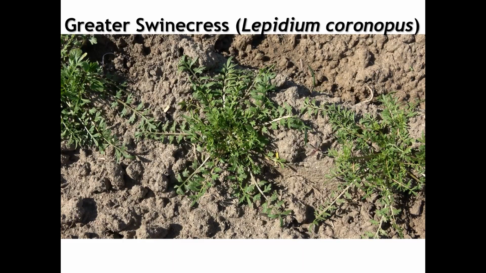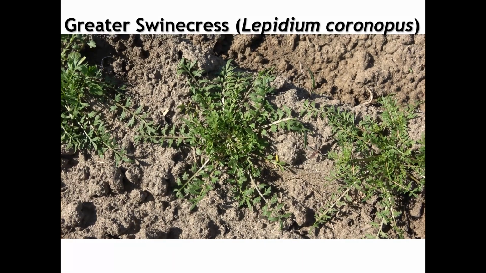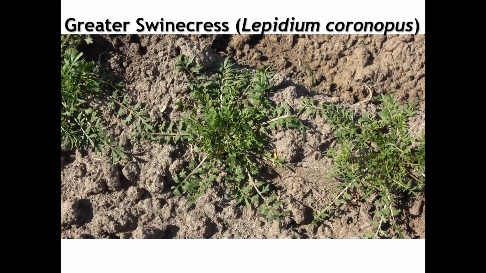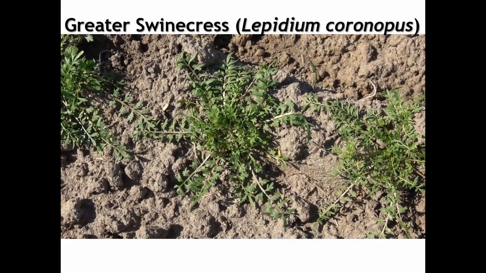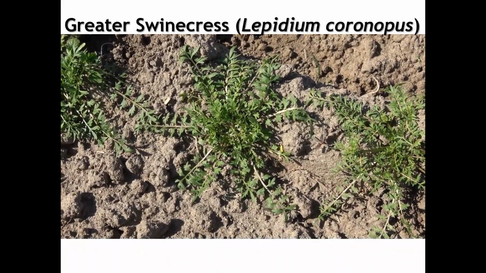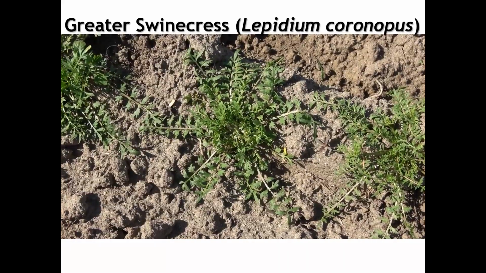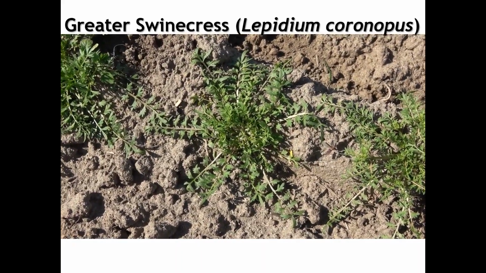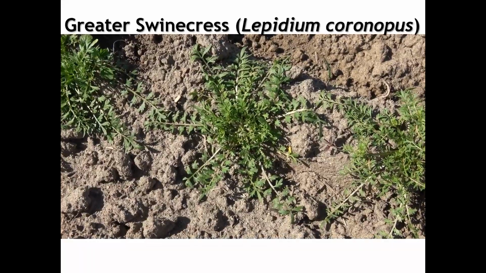On the other hand, here's greater swinegrass, and you can see here that oftentimes they occur together in the same place. So one prominent feature that I have used to distinguish the two apart is the smell that I mentioned earlier.